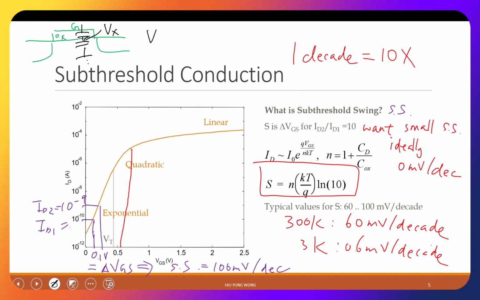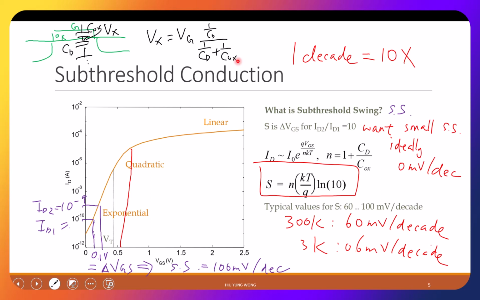Then you can go through the potential divider equation. I usually think of it in this way. Vx equals Vg times the impedance of the bottom part over the total, if this is CD and this is Cox. It is just a potential divider, or resistive divider.